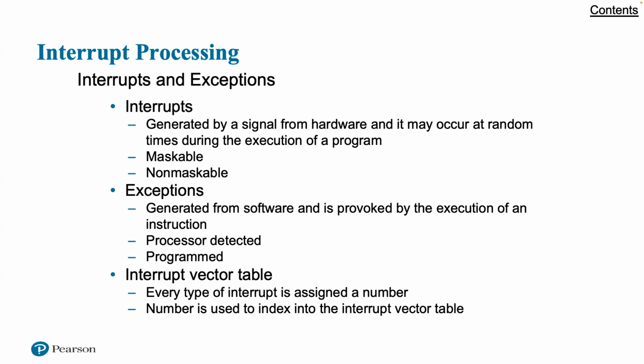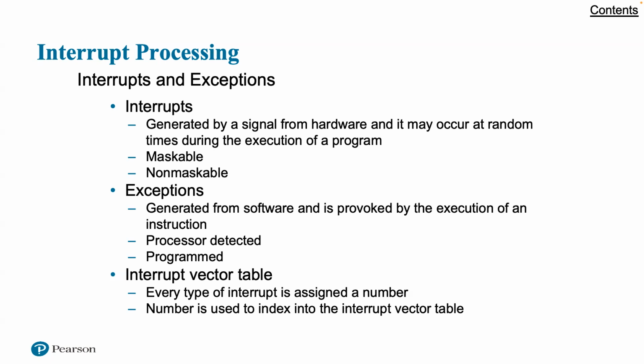And then there are the non-maskable interrupts that are received on the processor's NMI pin. The recognition of such interrupts cannot be prevented. Then on the exceptions side, we have the processor-detected exceptions, which result when the processor encounters an error while attempting to execute an instruction. And then we have programmed exceptions, and these are instructions that generate an exception.